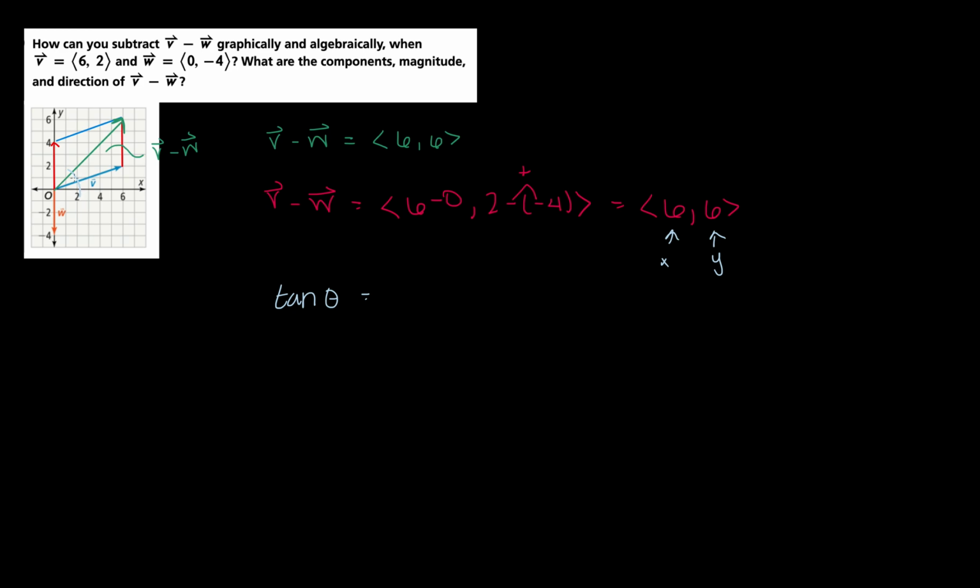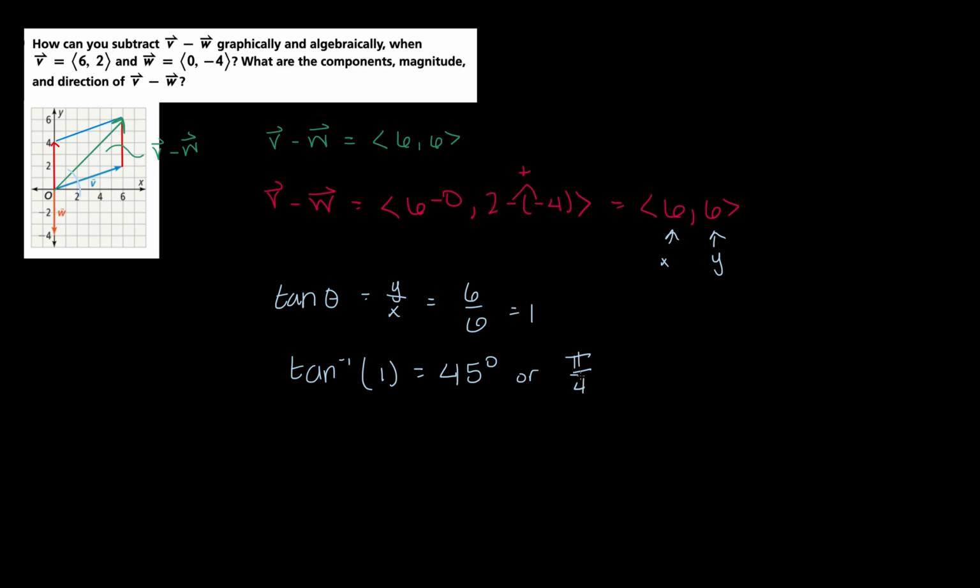If I'm looking at this theta here, we're looking at opposite over adjacent, which is y divided by x, which is 6 divided by 6, which is 1. And thinking about when tangent is equal to 1 in quadrant 1, so tan^-1 of 1 is going to be 45 degrees.